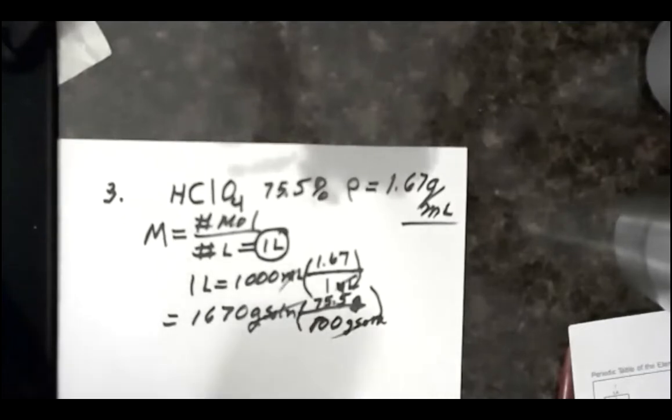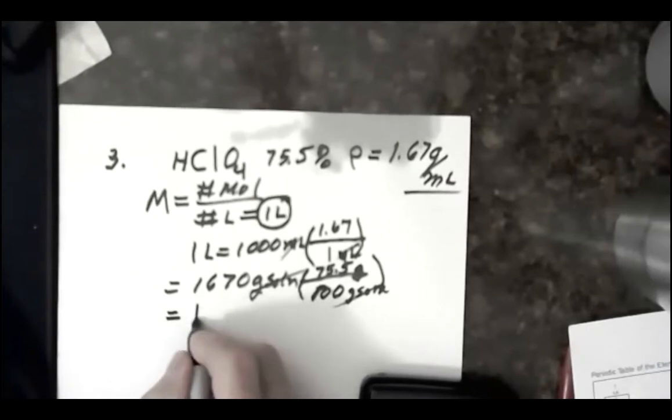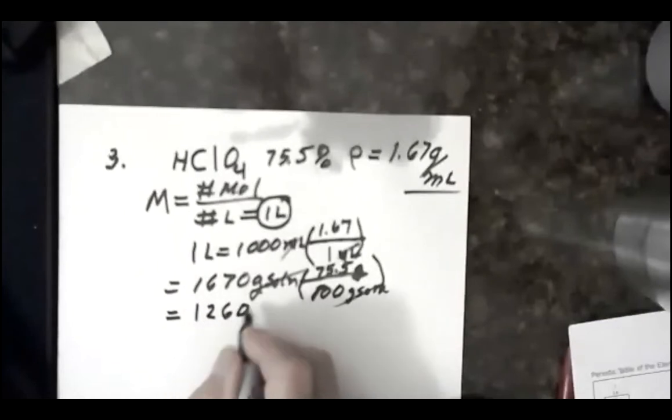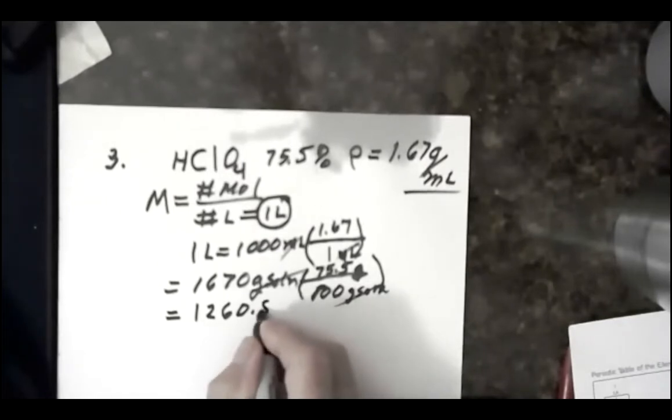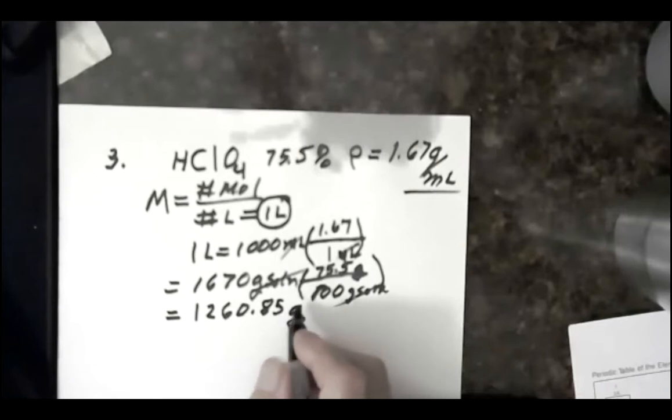And that tells me that I have in that solution 1260.85 grams of the perchloric acid.